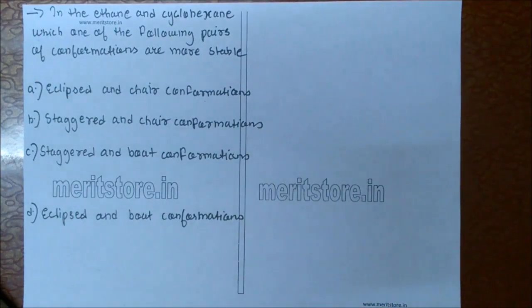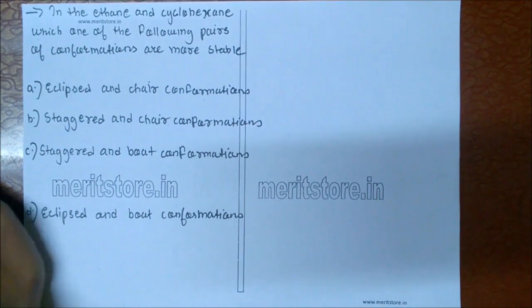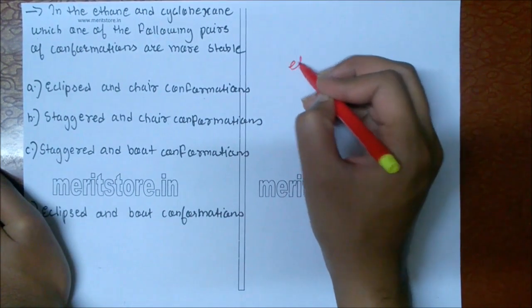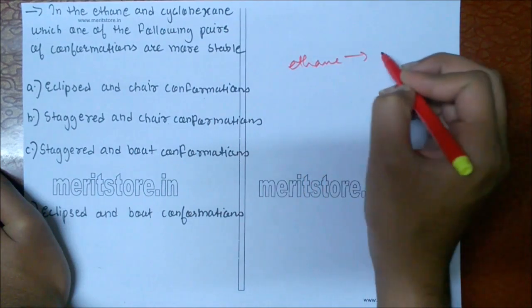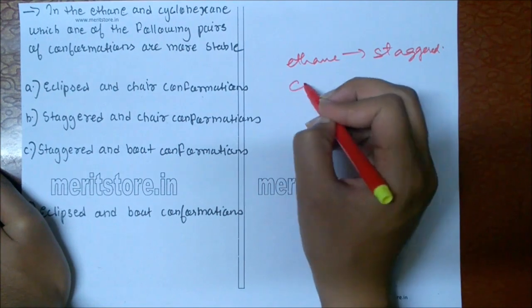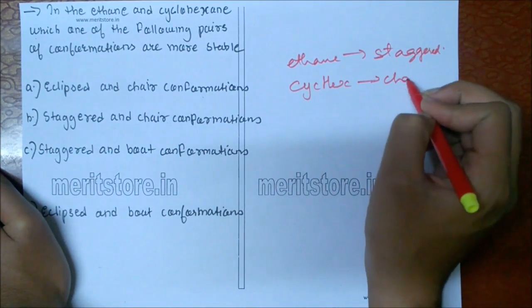In ethane and cyclohexane, which of the following pairs of conformations is more stable? A eclipsed and chair, B staggered and chair, C staggered and boat, D eclipsed and boat. Ethane is more stable in the staggered form, and cyclohexane is more stable in the chair form.